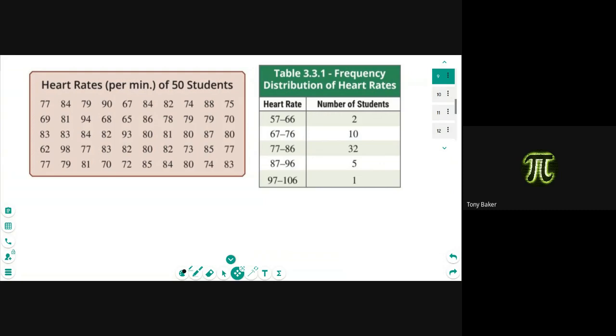You count. 57, 58, 59, 60, 61, 62, 63, 64, 65, 66. Okay, so your class width is 10, not 9, because all the numbers that are going to be in there, including 57 to 66. Does that make sense?